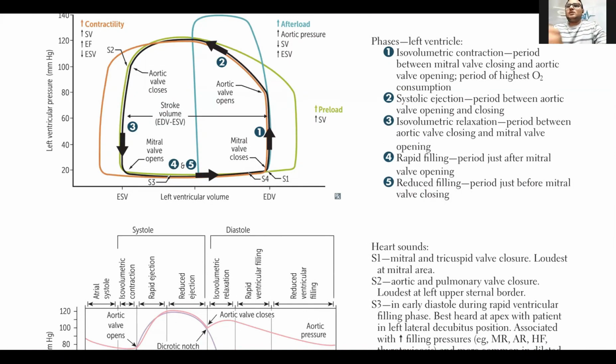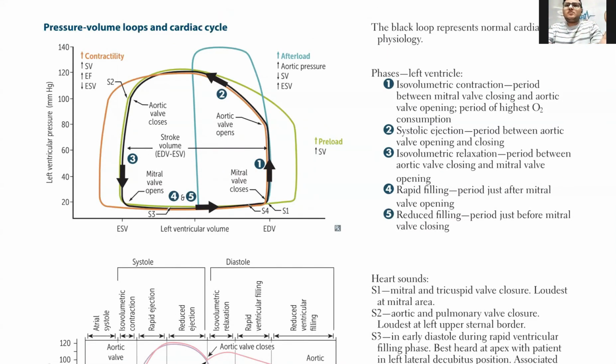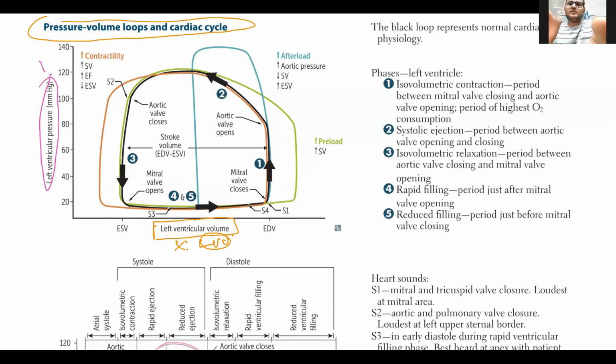In this diagram, this is the pressure-volume loop of the cardiac cycle. This is very important. Understand this. We will take left ventricular volume on the x-axis, and left ventricular pressure on the y-axis.